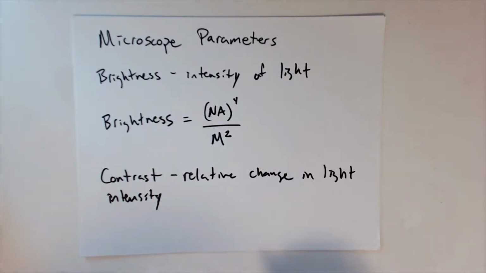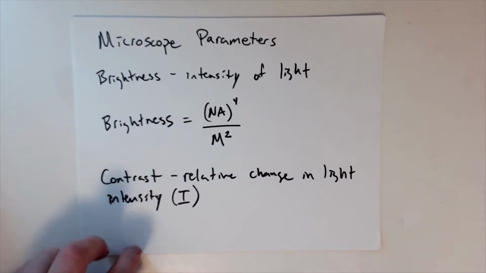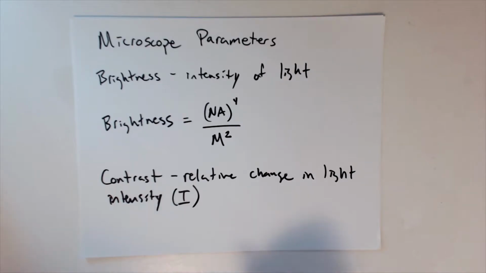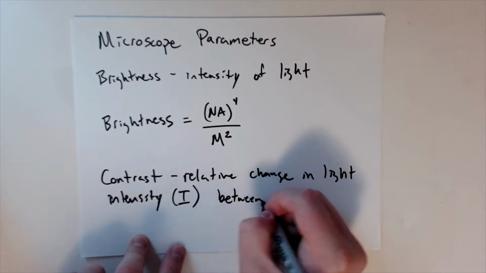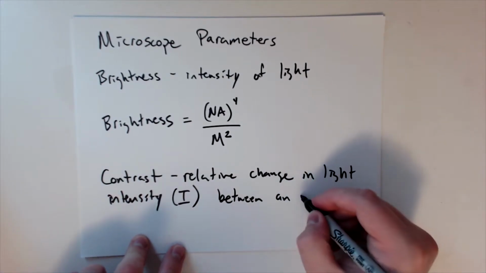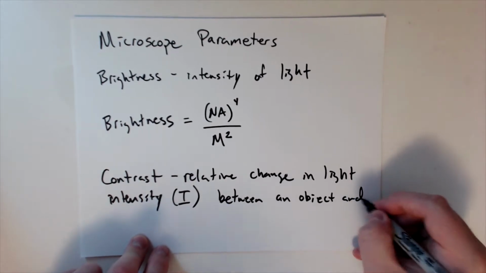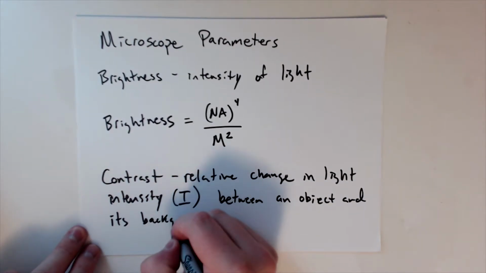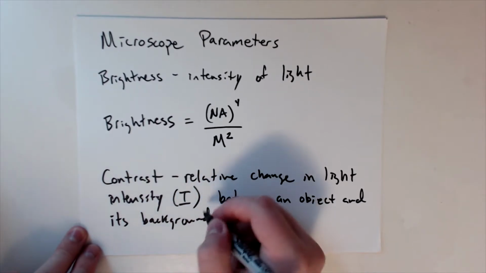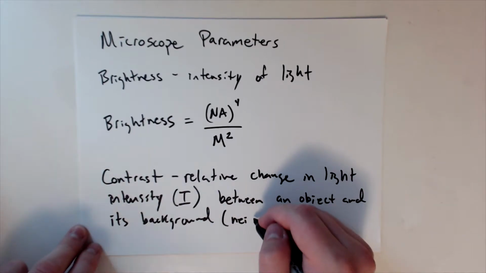Here we describe light intensity as a capital I. We're talking about the relative change in intensity between an object, the thing of interest, and its background. So these are any sort of neighboring features.